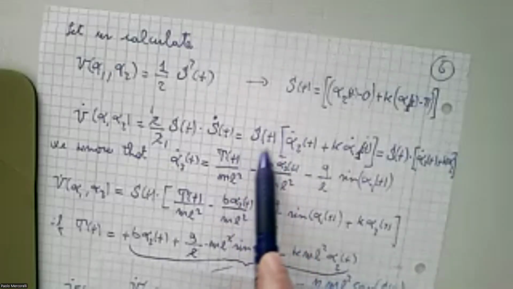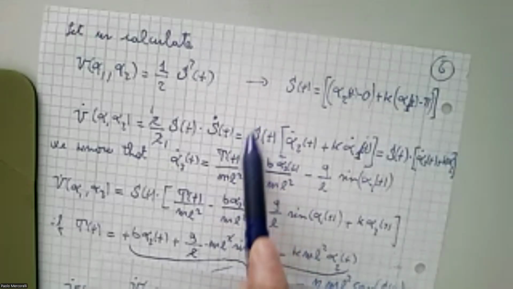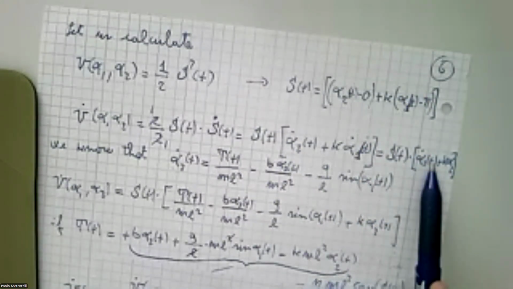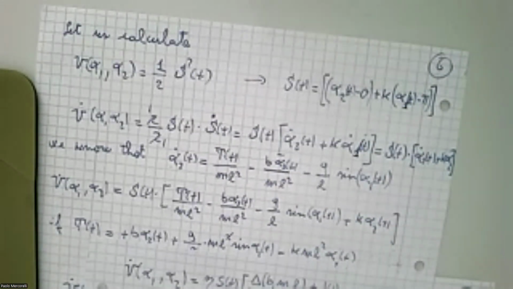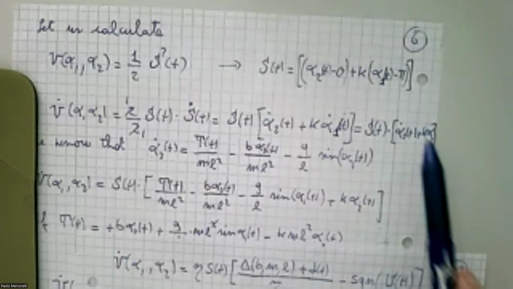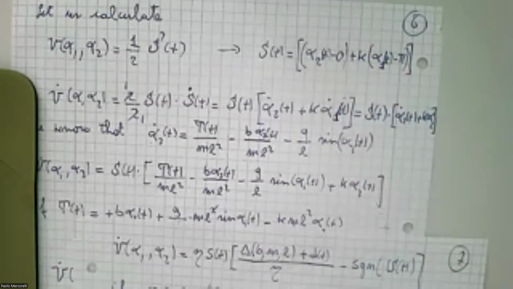Not only that close to the equilibrium point this is 0, but also this one is not infinite. And this is not infinite for K positive, because alpha 2 is moving around the equilibrium point. And this differential equation must be asymptotically stable, or at least stable, in order to guarantee that V derivative at the equilibrium point is equal to 0, as in the theorem.